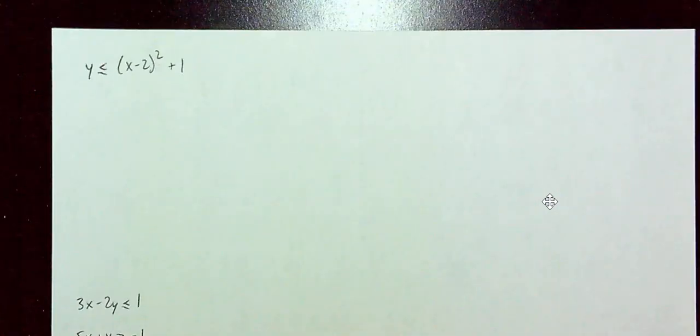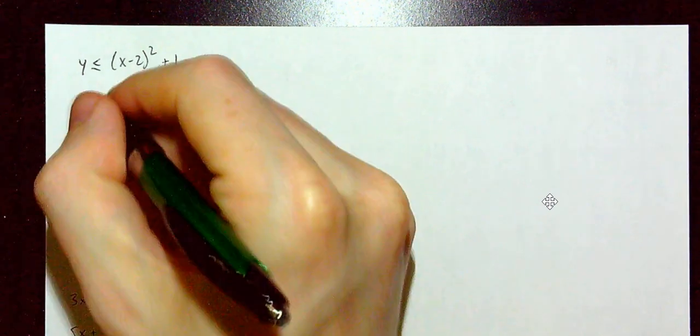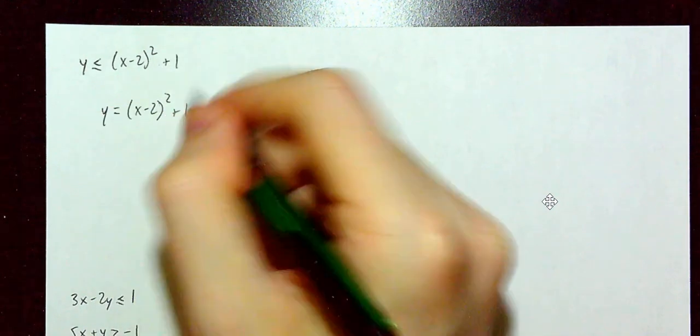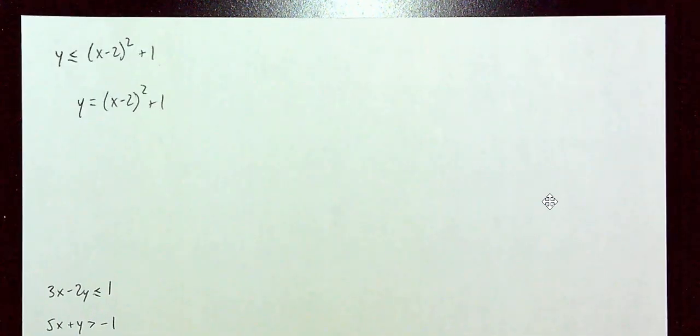So let's do another sample here. Let's do one that is not linear. Here I have y is less than or equal to the quantity x minus 2 squared plus 1. This is a relatively nice problem in that when we create the equality, y equals the quantity x minus 2 squared plus 1, everything is already isolated on one side.